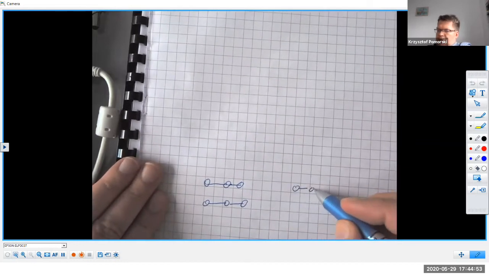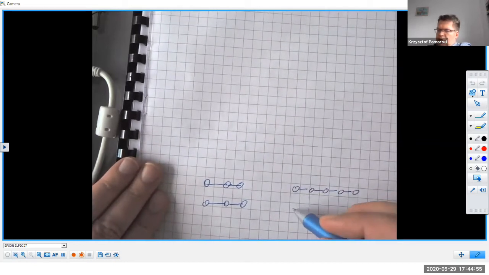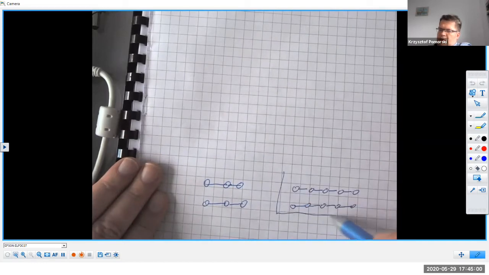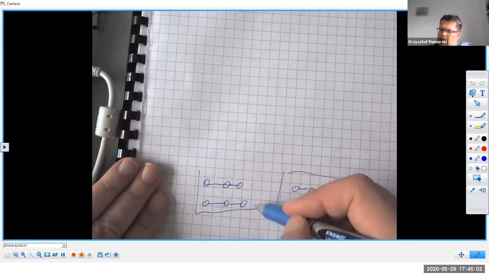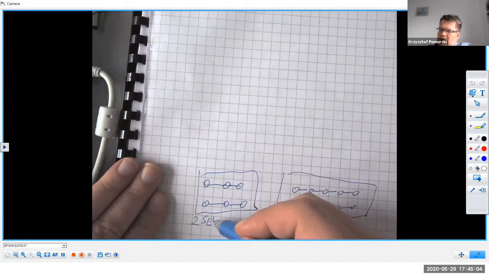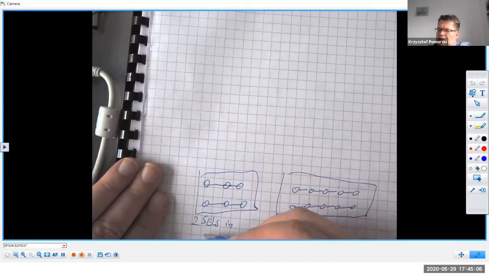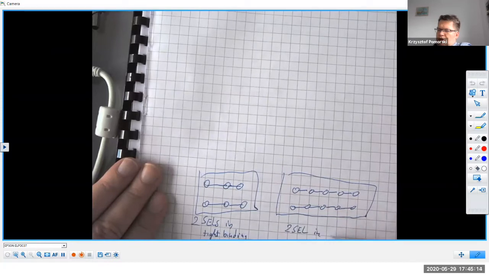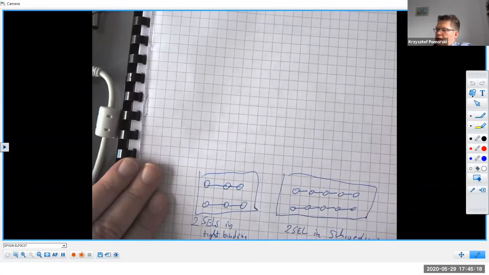Professor Szafran's approach was to use 5 quantum dots with semiconductor. So there were 2 single-electron lines in tight-binding and 2 single-electron lines in the Schrödinger approach.